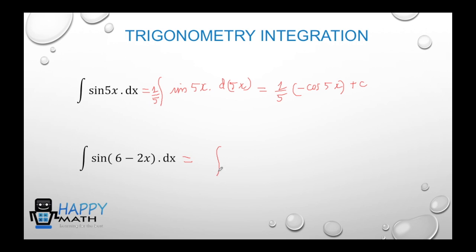And the second one, sine, the main function here is 6 minus 2x. So first I have to change dx to d of minus 2x. Minus 2 means you have to divide by minus 2. At the same time, you multiply the old integration with 1 over minus 2.